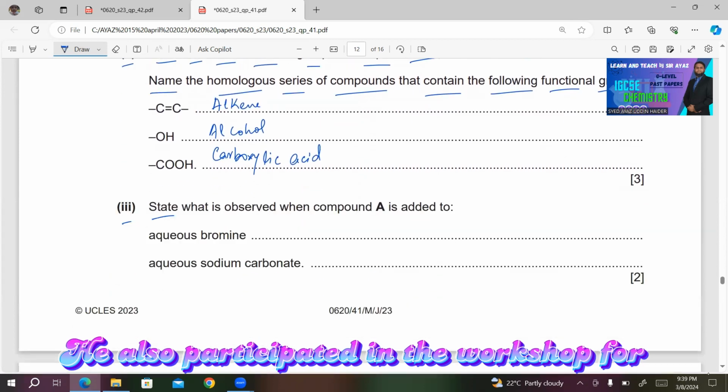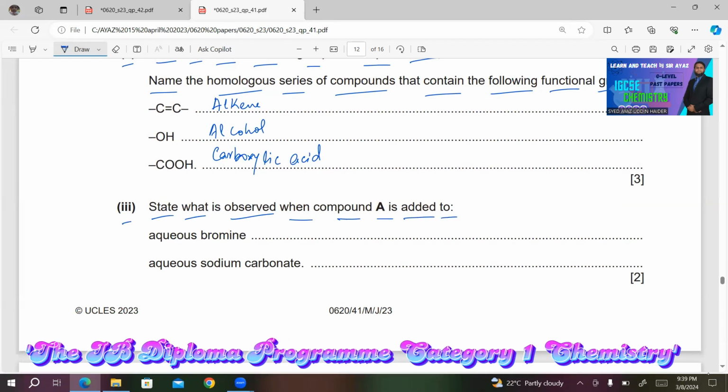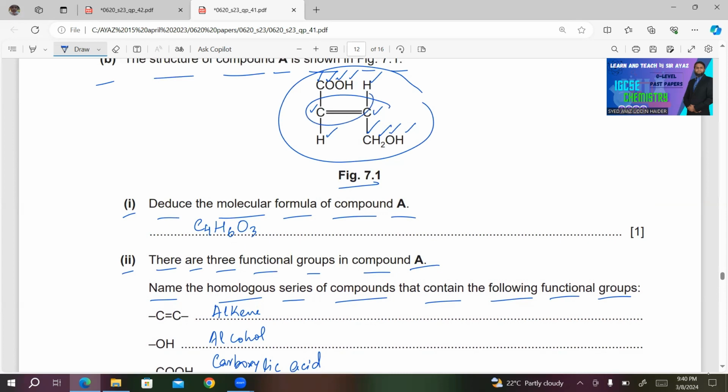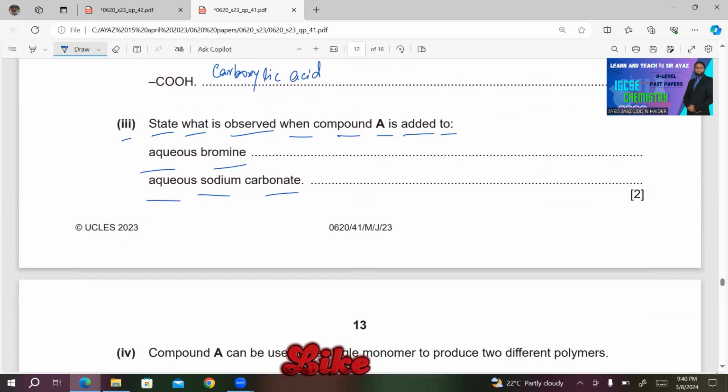Number 3, state what is observed when compound A is added to aqueous bromine, aqueous sodium carbonate. Now, aqueous bromine decolorizes if there is a carbon-carbon double bond present in it. So you can even write decolorizes or turns colorless.